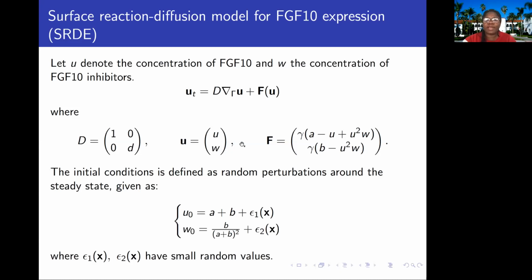U_t represents the time derivative, so you're looking at the rate of change in FGF10 concentration as a function of time. This equals the second term, which describes the diffusion. Because U is bold font, it describes diffusion of FGF10 and also the inhibitor.